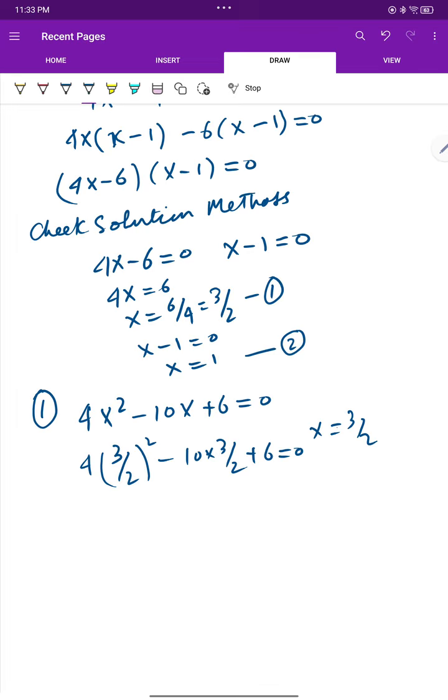So 3 squared is 9, 36 divided by 4, minus 10 multiplied by 3 by 2.